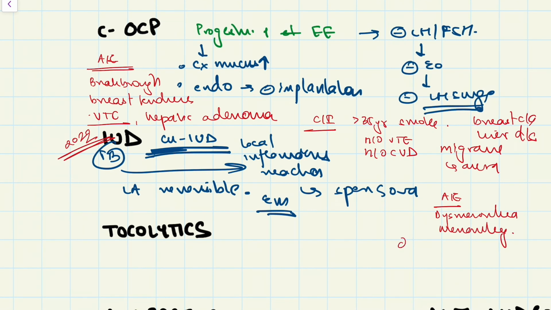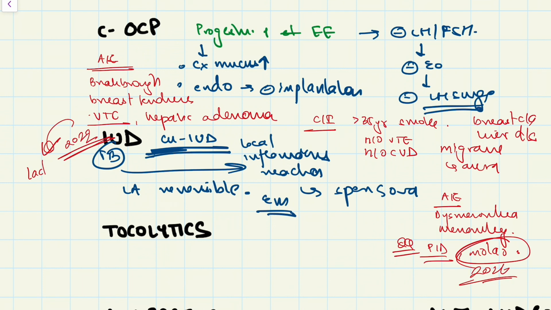And a very important point to remember, which is asked and is a PYQ, is that PID is a contraindication for the use of copper IUD. Also remember that molar pregnancy is also a contraindication for use of IUD, right? This question was asked this year. I think there were two questions from IUD. First was that it is contraindicated in molar pregnancy, and the second question that was asked was which of the following contraceptives can be used in a female who is lactating.